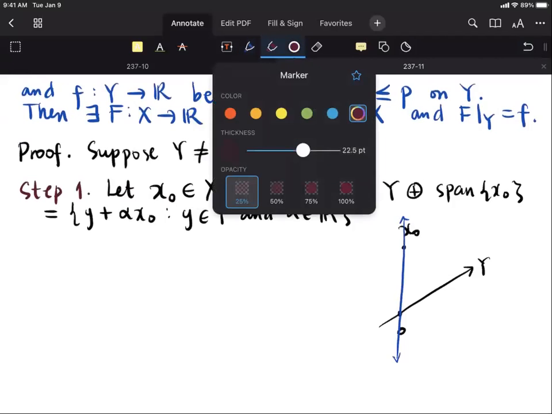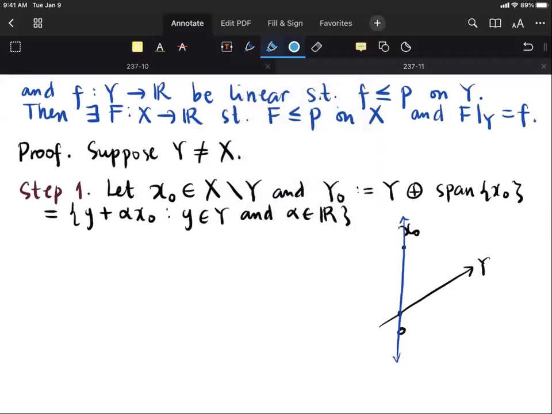So at least in this illustration, the plane would be your Y naught.